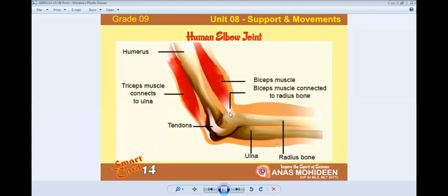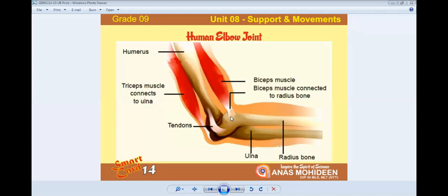Meanwhile, tricep muscles are connected down to the ulna. Bicep muscles are connected to the radius bone, tricep muscles are connected to the ulna, and this is the structure of the human elbow joint.